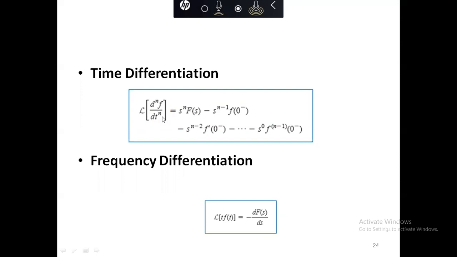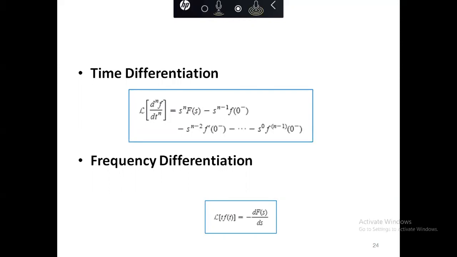The time differentiation property is that if we have the first order differentiation, df by dt, this function is s F of s minus f of 0 minus. Here n is equal to 1, so that is s to the power 1 times F of s, minus s to the power 0 times f of 0 minus.